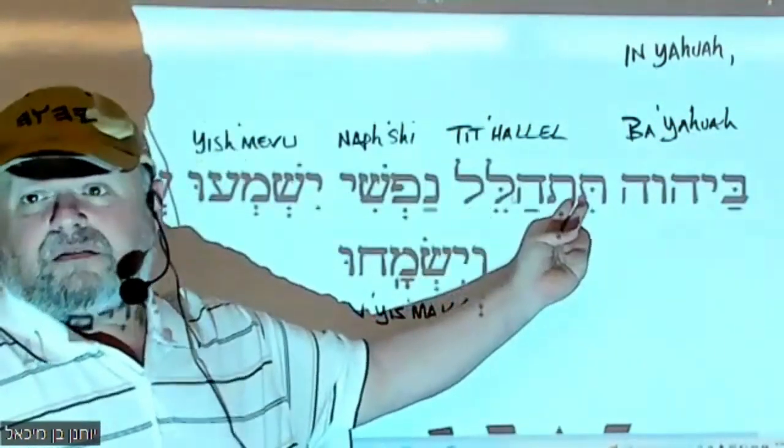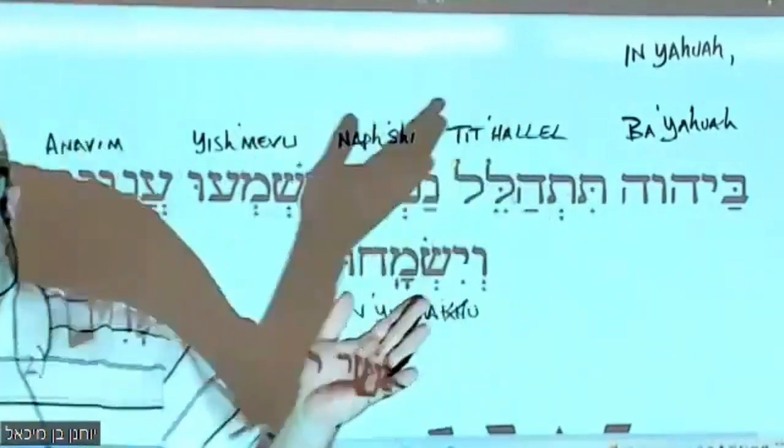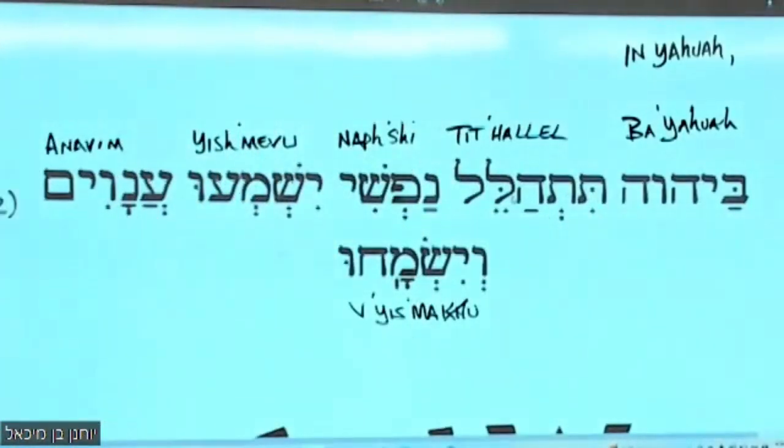she will Hallel. Okay? She will, well, Hallel means, it can mean to rejoice, it can mean to celebrate, it can mean to show out, it can mean to draw attention to one's, so it can mean to boast, you know what I mean, to make a claim.